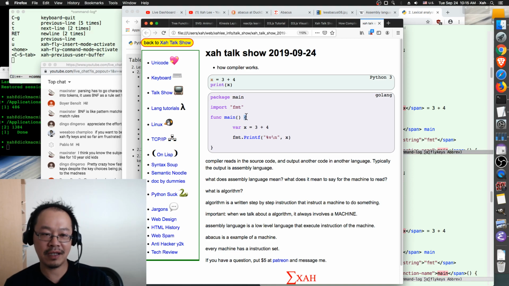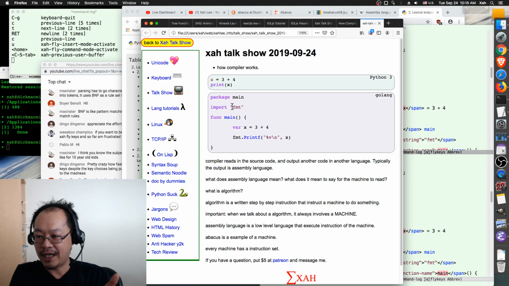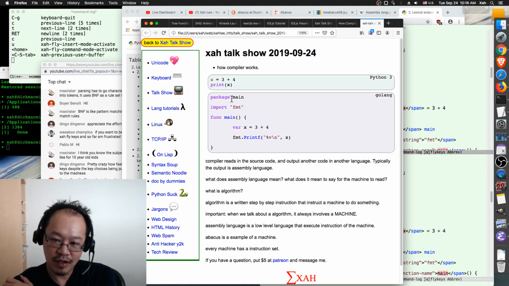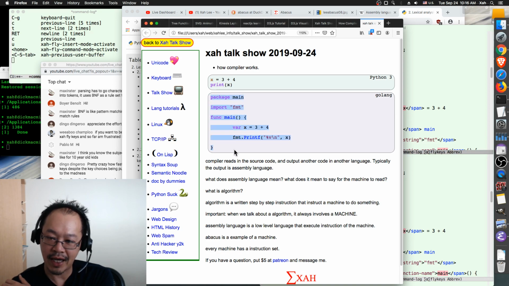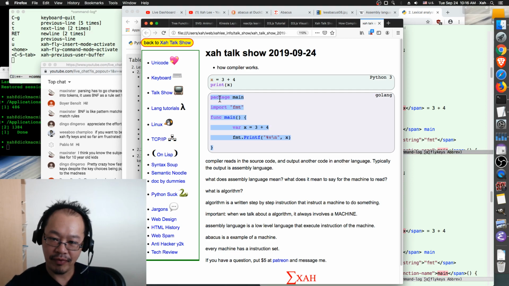So the first stage of parsing: you read the source code character by character, and then you break it into a sequence of tokens. For example, if I'm writing a parser for Golang, the first step gives me a sequence of tokens: package, main, import.